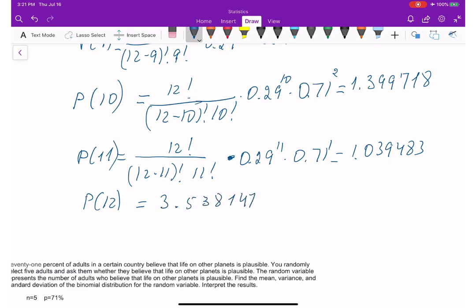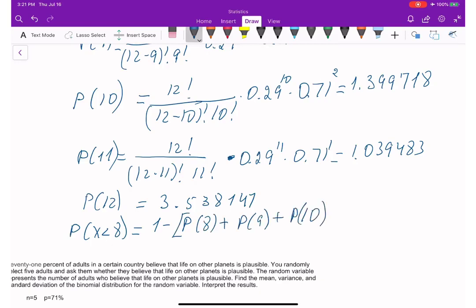3.538147. And finally, the probability of x is less than 8. It's going to be equal to 1 minus the probability of 8 plus the probability of 9 plus the probability of 10 plus the probability of 11 plus the probability of 12.